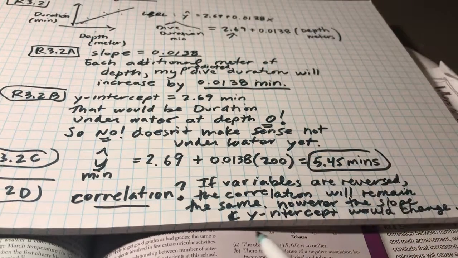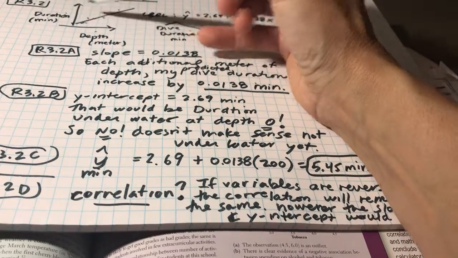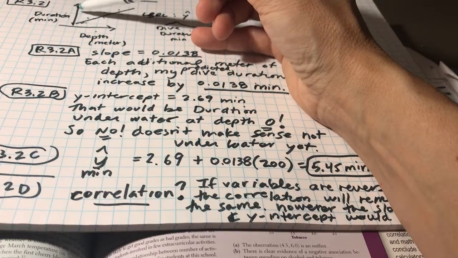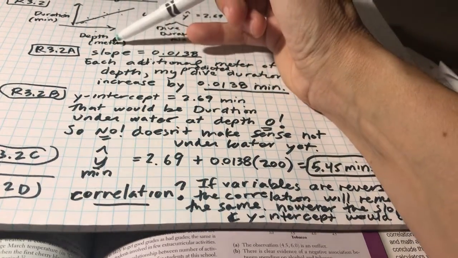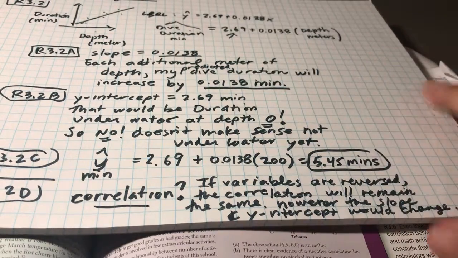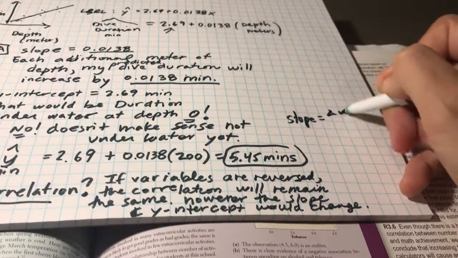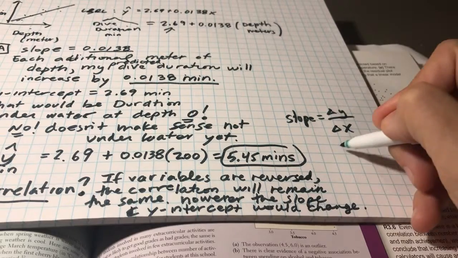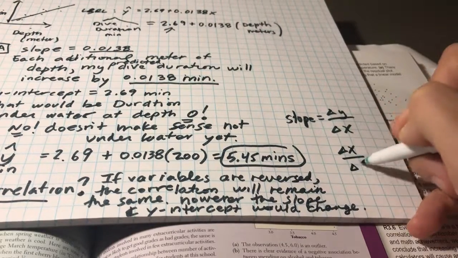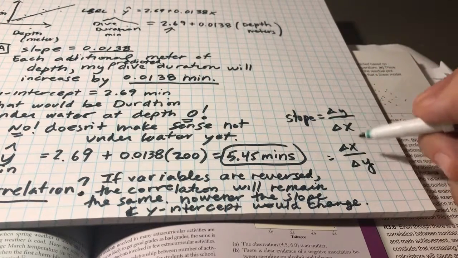The slope is definitely going to change because the slope is rise over run, how many minutes over how many meters. If I flip that around, it'll be the change in the meters over the change in the minutes. Slope is the change of the y over the change of the x. If I reversed it, now it would be the change in the x over the change of the y. And that is mathematically something very different.